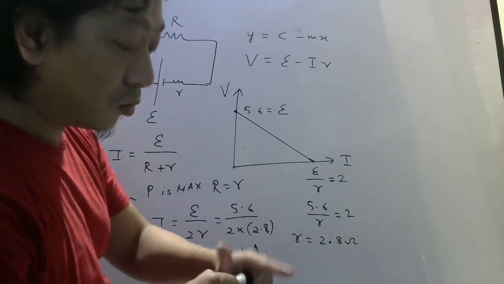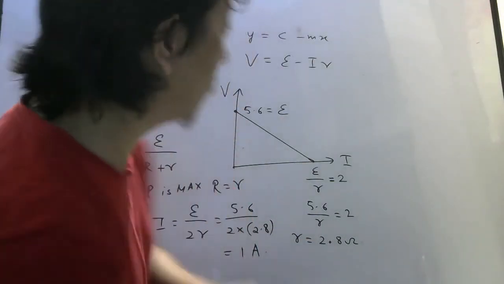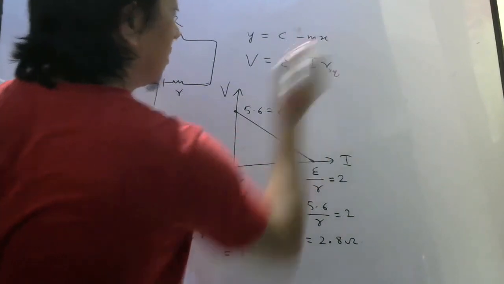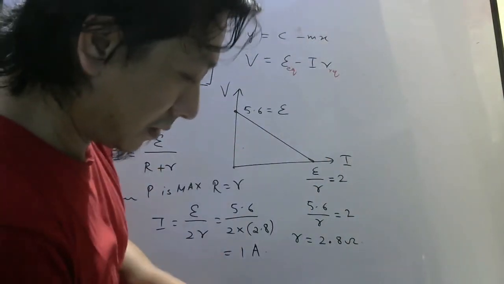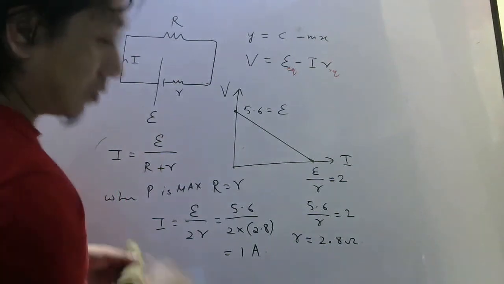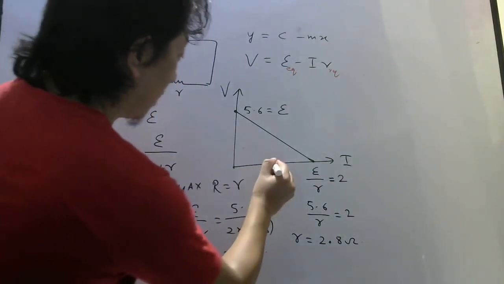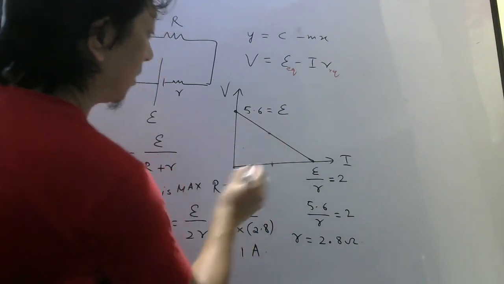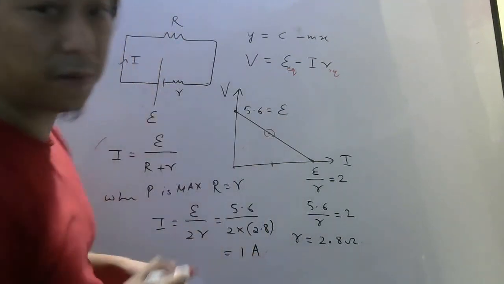So if there is more than one cell, what you have to do, just put here E equivalent, r equivalent. That's it. Okay. So power is maximum when current is 1 ampere, means here. That means somewhere at this point your power will be maximum.